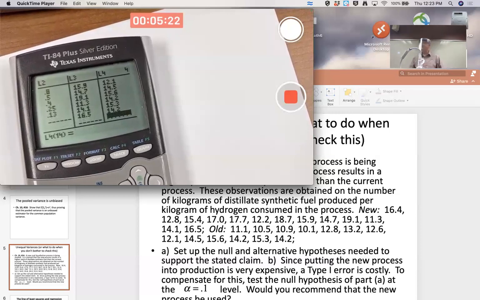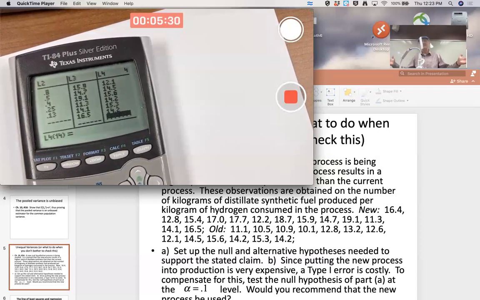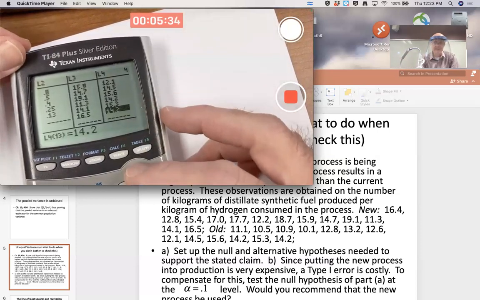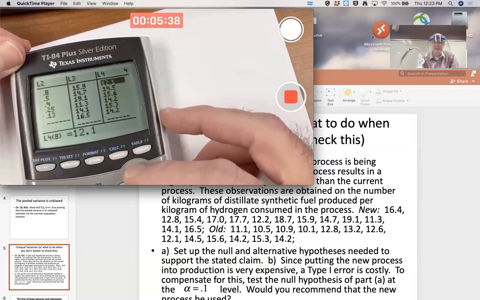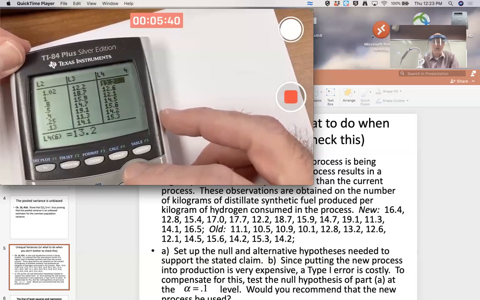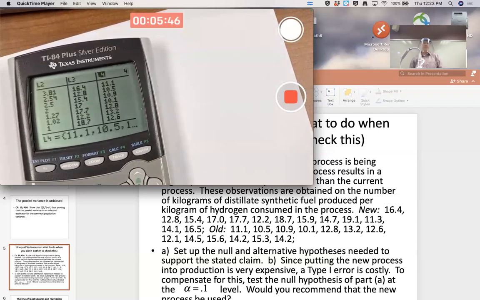And once again, we're in a situation where the sample sizes happen to be the same. They don't have to be the same, but they are in this case. Let me double check the second list again, going backwards through it here. Okay.